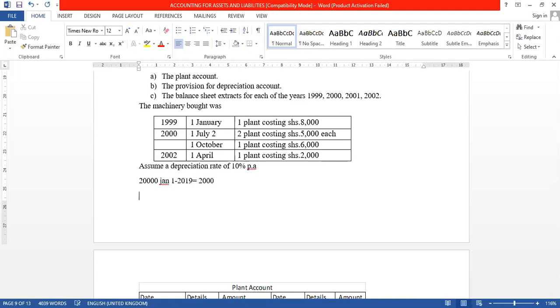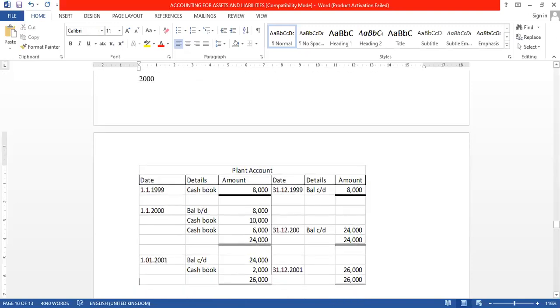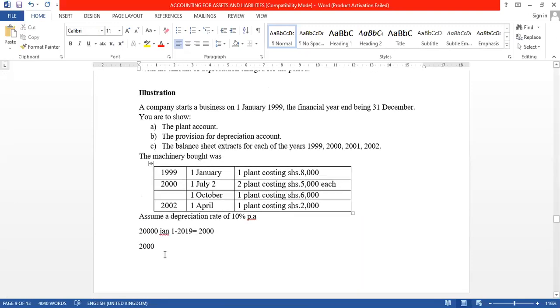But if we bought the same machine, 20,000, let me put this into perspective, on July 1st, 2019, though the depreciation still is 10%, this machine was bought on July 1st, which means we must calculate from July 1st to December 31st.